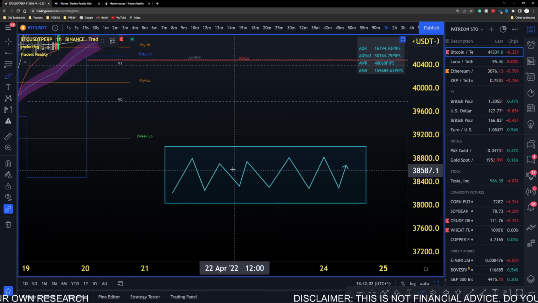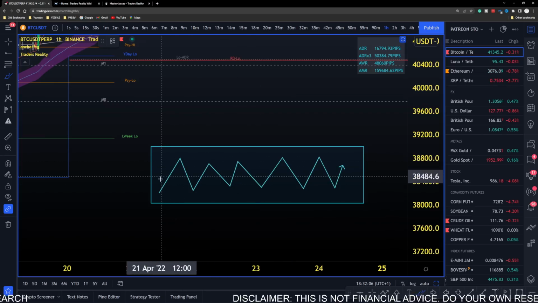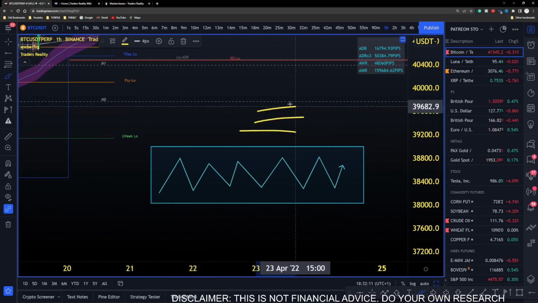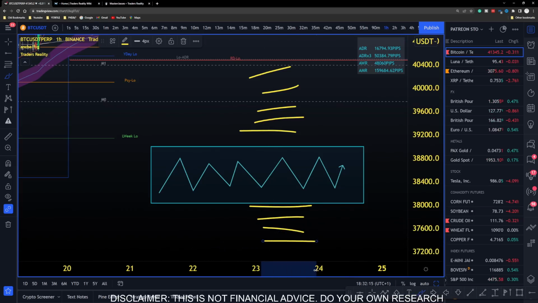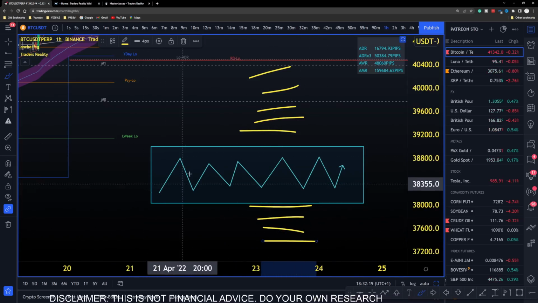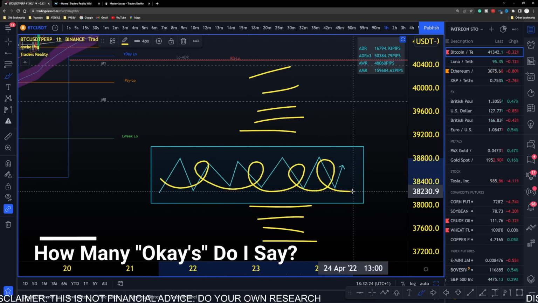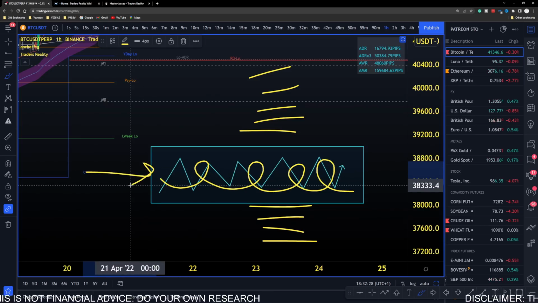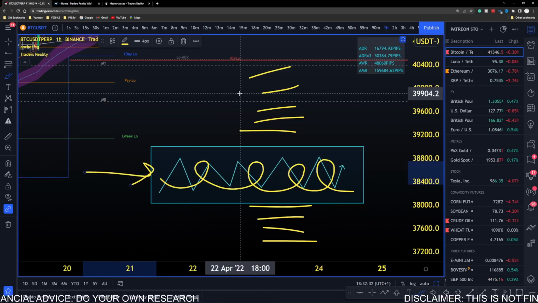So Mr. Market Maker, how does he get price to behave like this? Whilst price is moving up and down in this range, he has orders set above and orders set below. What he aims to do is create enough pressure in this zone, and by pressure I mean orders coming into the marketplace from the retail trader who believes price is going to go up or down.